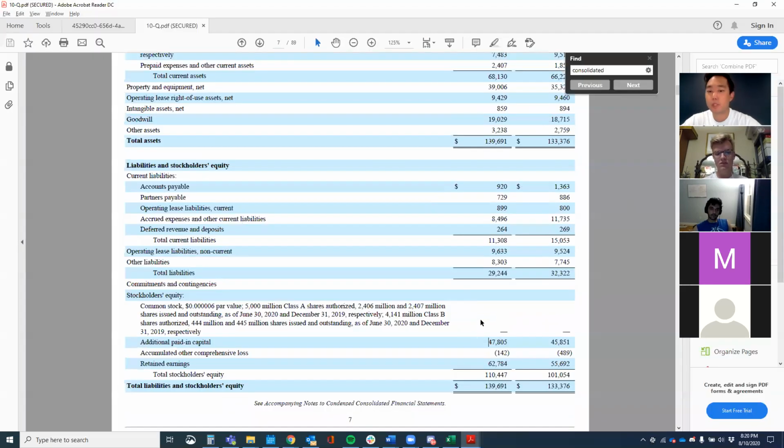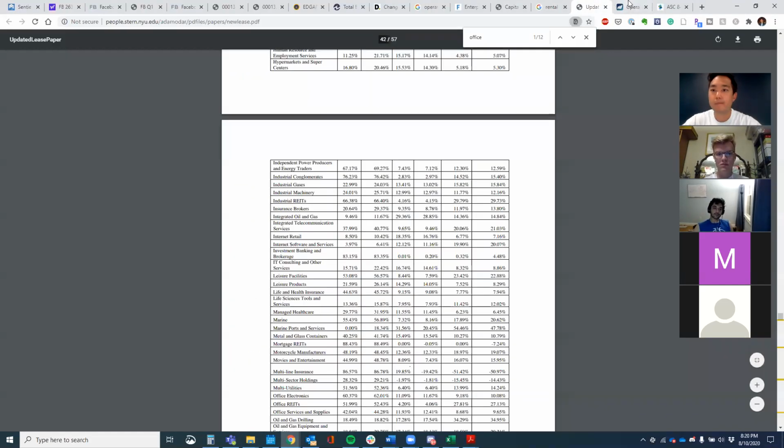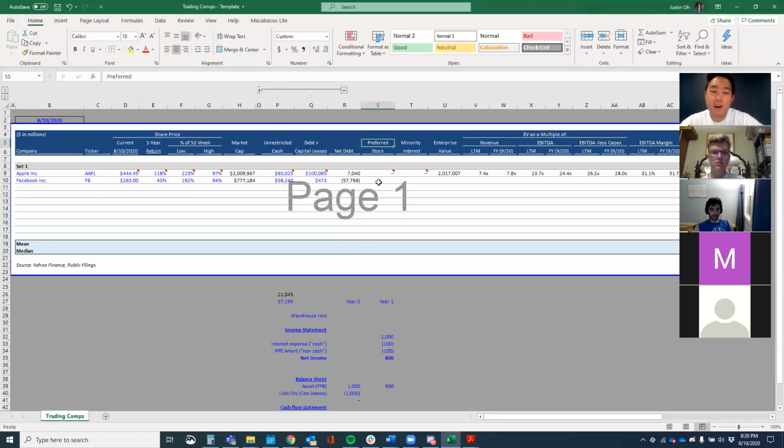So again, just put the book value if you see non-controlling interest or preferred shares. Let's just load that in. We can go as deep as possible too, but for now, let's just put the book value of it. It should be good enough to suffice.